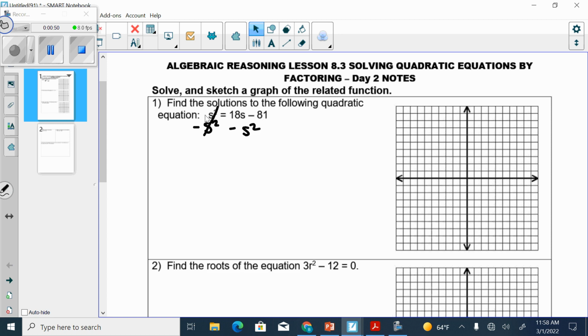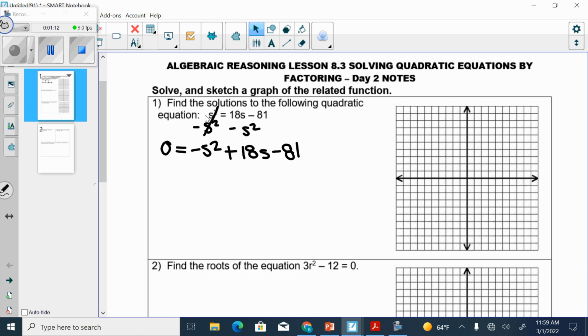Is there anything on the other side like s squared? No, no like terms. So now I have 0 on this side equals negative s squared plus 18s minus 81.